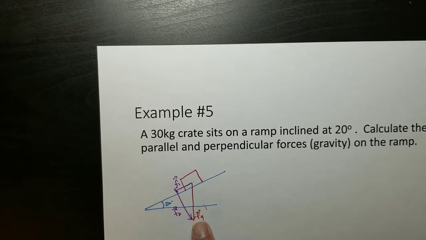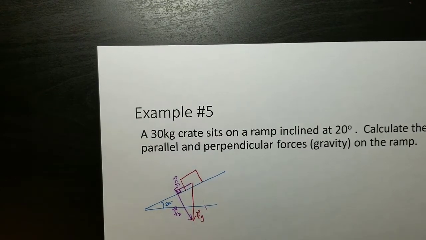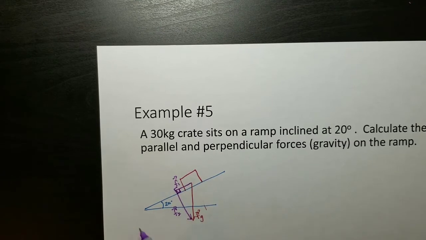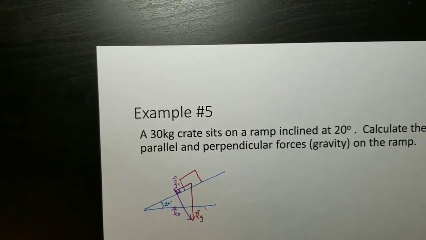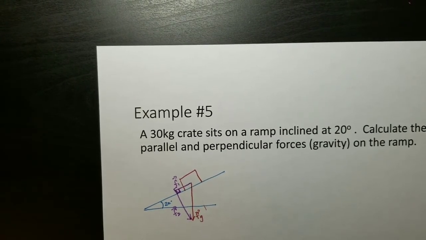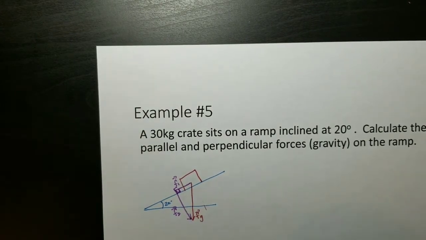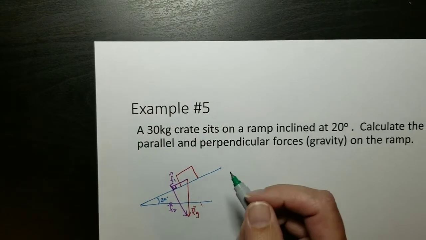And again, the really tricky thing in here is just getting your angles. Because we know that if this is parallel and perpendicular to the ramp, that's going to be a nice 90 degrees. We just have to analyze this a little bit and see if we can figure out what that other angle would be. I think that with how I've drawn this, you should be able to see this.